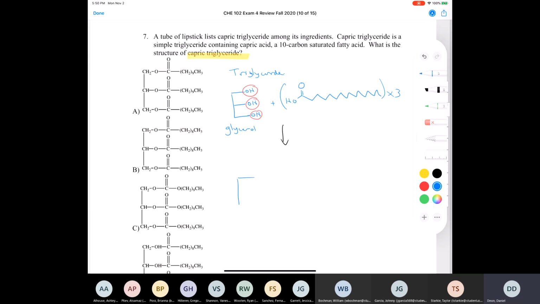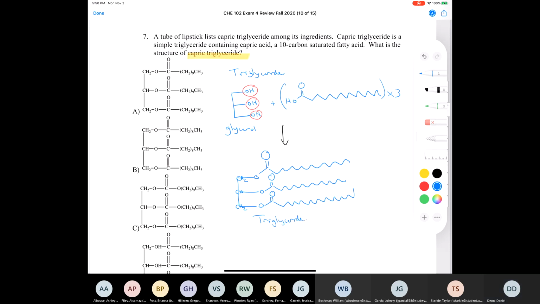You have your glycerol backbone, right? You have a carbon here, right? This is a CH2. You have a CH here, and you have a CH2 here. Oxygen, oxygen, oxygen. Then you have one of the fatty acids here to make an ester, okay? You have another one here to make a second ester, and you make a third one here. And if you're wondering, hey, is a triglyceride just 3 esters attached to glycerol? Absolutely.